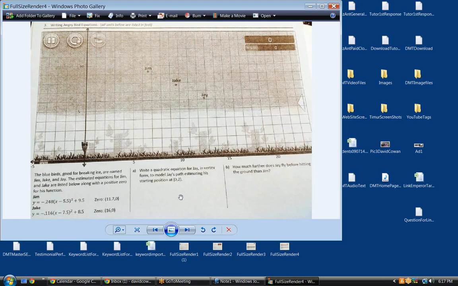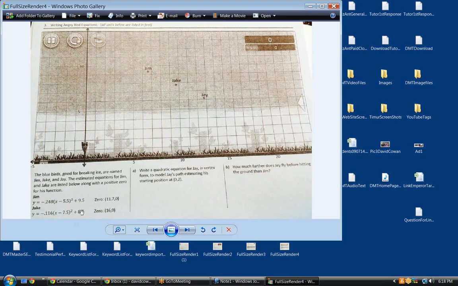What do we have? We have Jim has his own equation, his own quadratic projectile path based on this equation. And Jake has a different equation, so he has a different projectile path. Is there an equation for J? I don't see it on here.